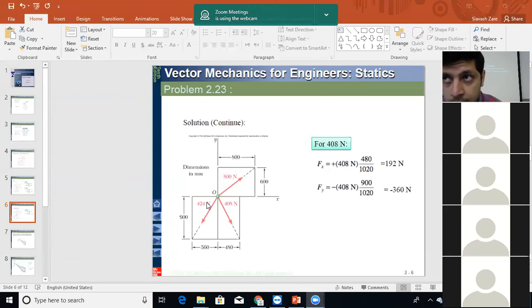Unless it is asked in the question to derive the forces in a certain unit, you don't need to convert that. But it's always good to have the conversion units with you.